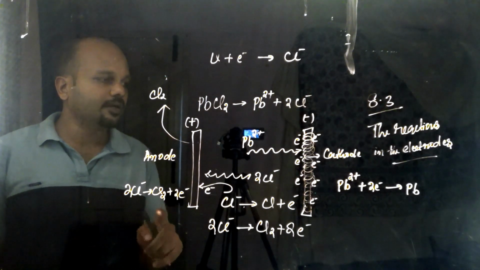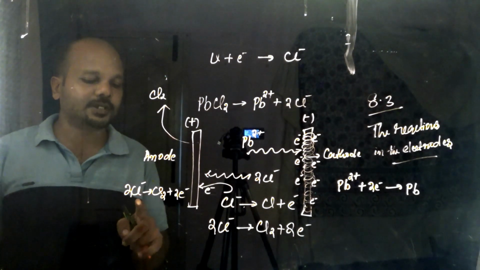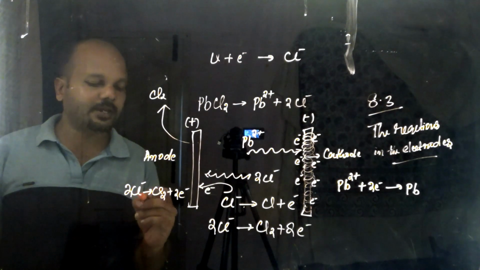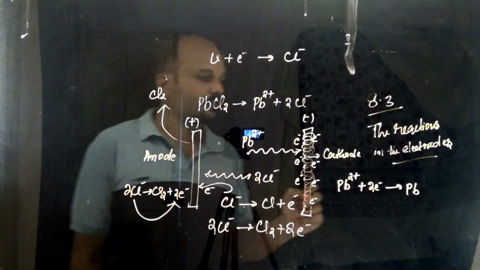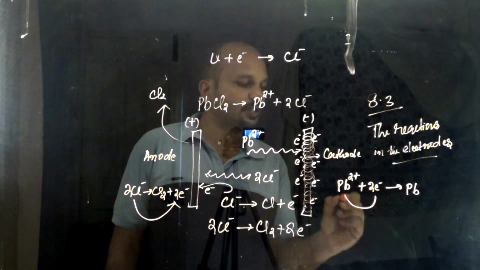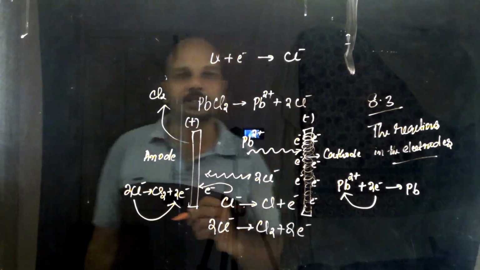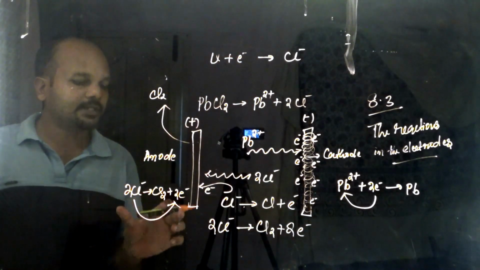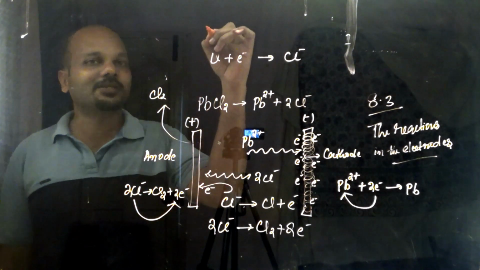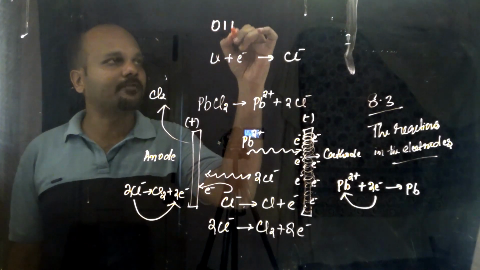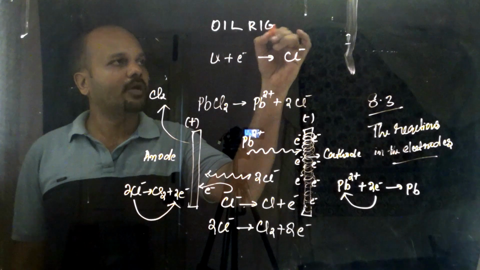Now I already wrote the reactions, right? Here in the anode, you can see the electrons are getting released. Electrons are getting accepted in the cathode. So in the anode, what is the loss of electrons? Please remember this code, we said in the previous class: OIL RIG.